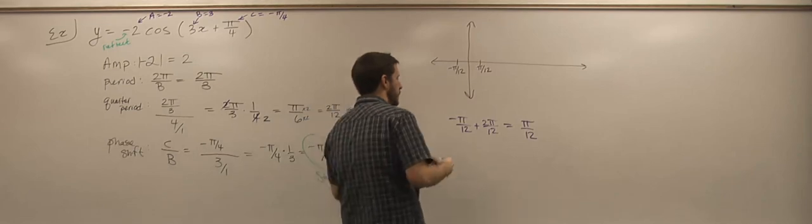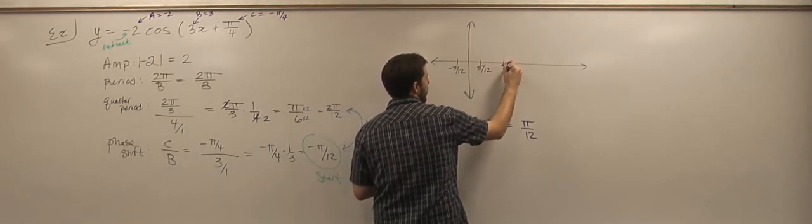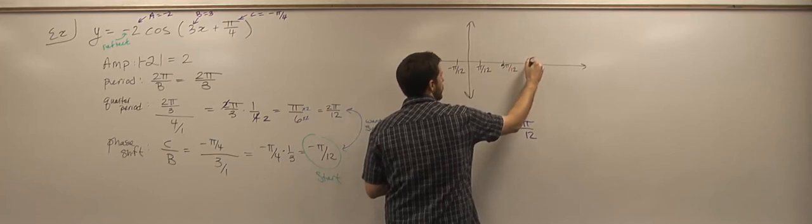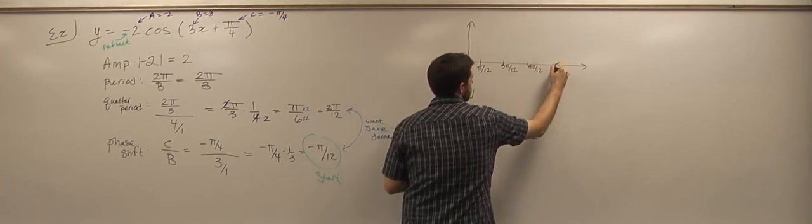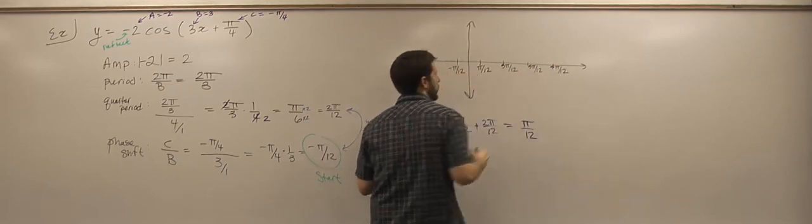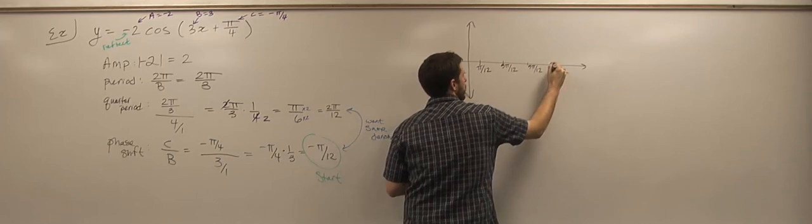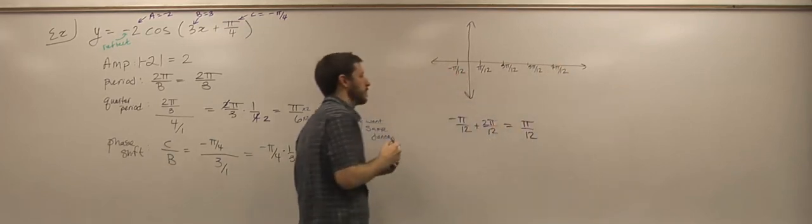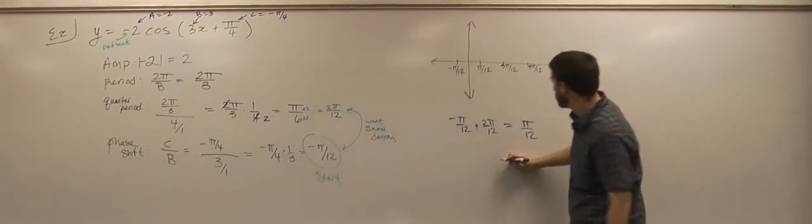If you add another 2 pi over 12, you should get 3 pi over 12. If you add another, you'll get 5 pi over 12. If you add another, 7 pi over 12.